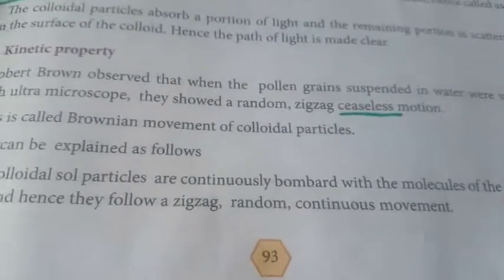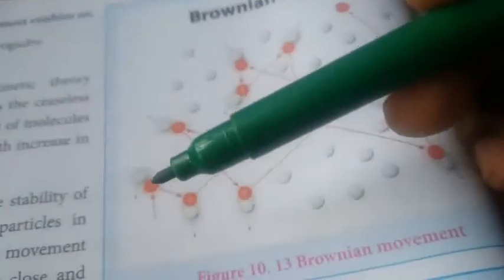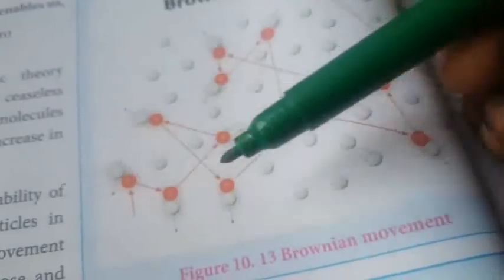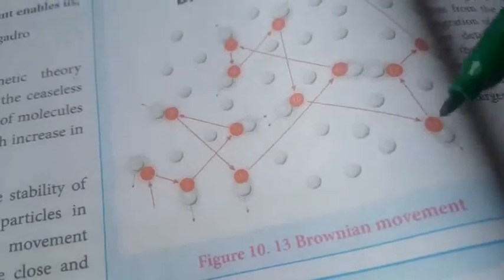That is called Brownian movement. What is meant by Brownian movement? Each molecule's zigzag, continuous, non-stop movement is called Brownian movement.